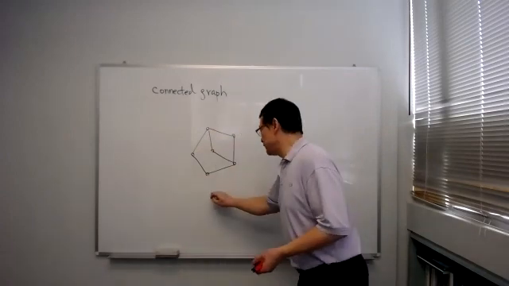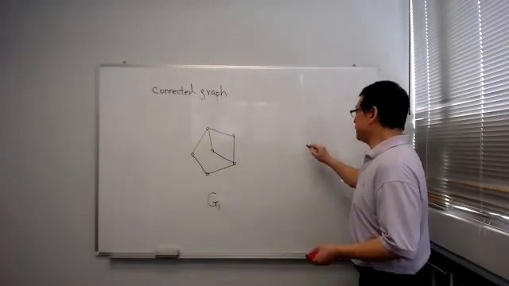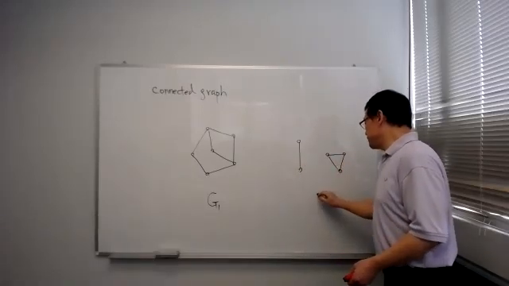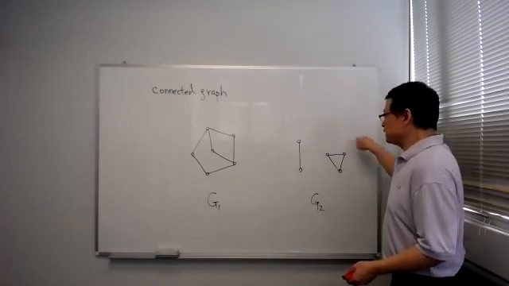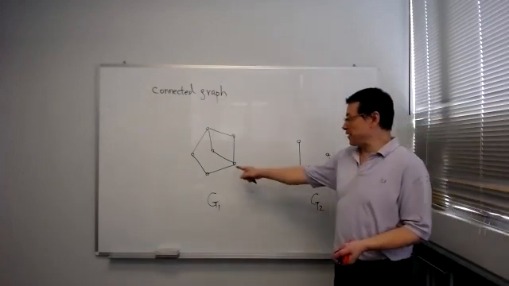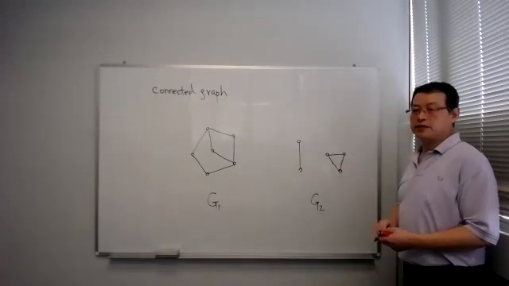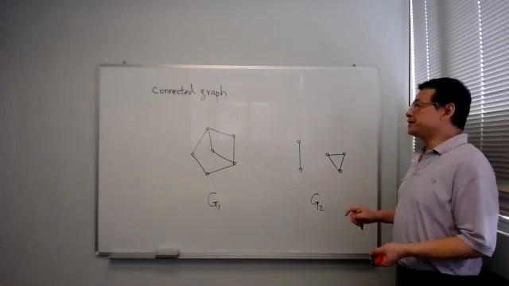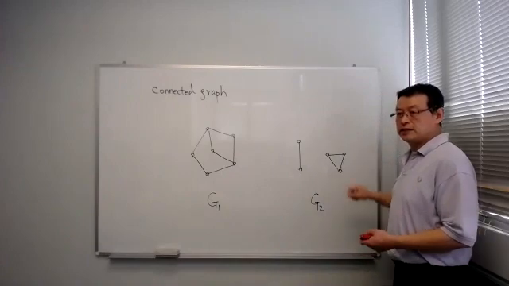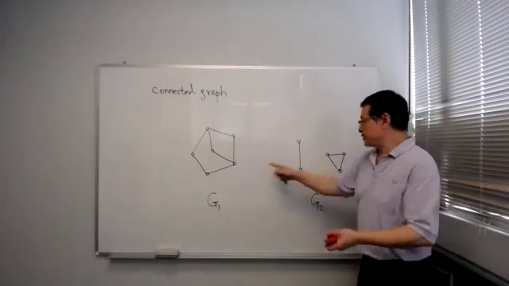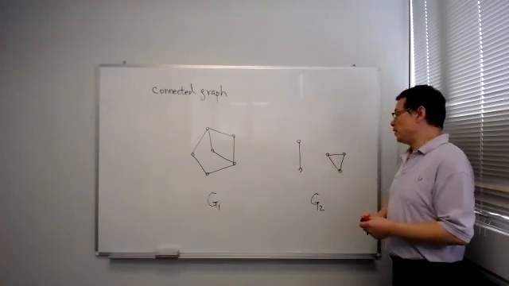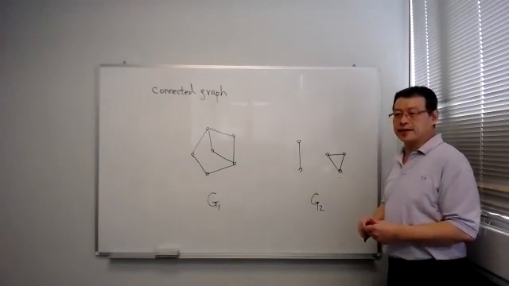That's one graph. That's G1. Here I have a different graph. That's G2. What's the difference between these two graphs? It's easy to see that this is one piece. So here are two pieces. In graph theory, this one is called a connected graph. So this one is not a connected graph, right? So that's one piece. That's more than one piece. So when the graph is one piece, then it's connected. But when it's more than one piece, then it's not connected.